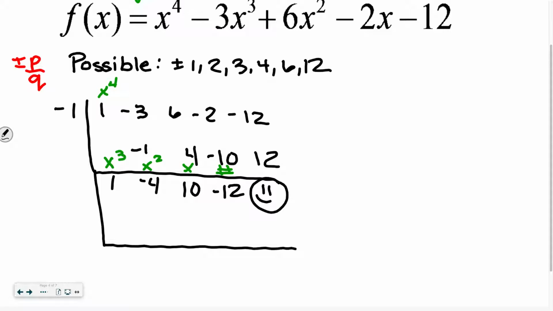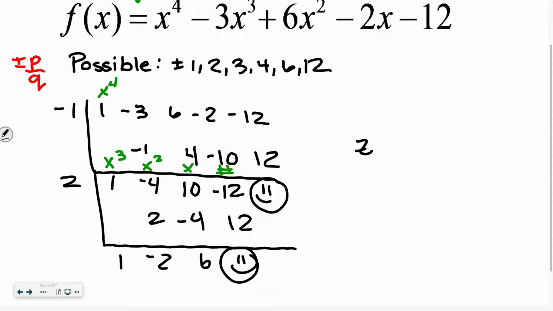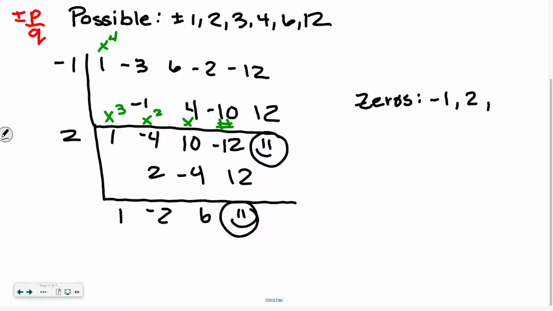2. So I'm going to put a 2 out here. 1, 2, -2, -4, 6. Oh yep, sure enough, it works. Okay, so in my list of zeros, I have -1, 2. And then I would stop and do that whole piece again.